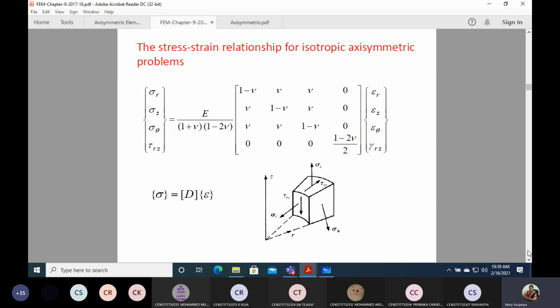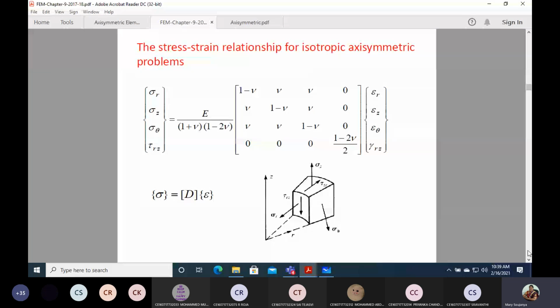The whole of the D matrix is reduced to this one. From the basics of 2D analysis, we got a 6 by 6 matrix of D. But because the axisymmetric problem is independent of the circumferential coordinate, it is reduced to a 4 by 4 matrix for D, and 4 by 1 matrices for stresses and strains.